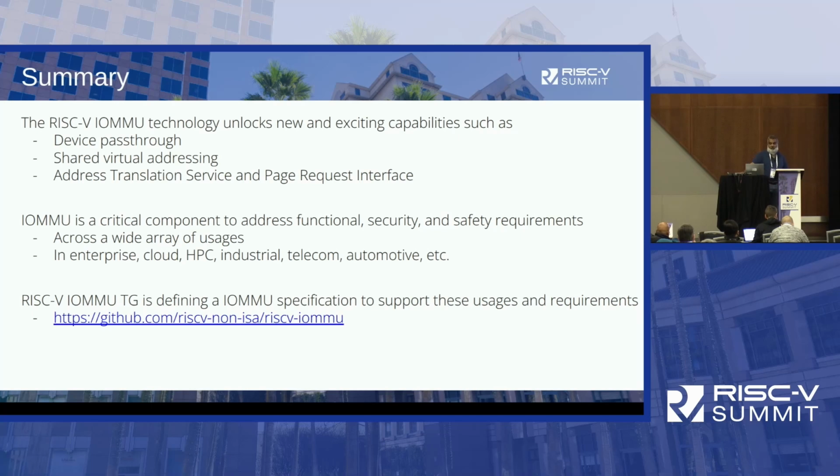And the IOMMU is a critical component to address the functional security and safety requirements across a wide array of usages across segments. So the IOMMU TG is working on defining an IOMMU specification for RISC-V to support these requirements and more. There's a link to their GitHub. Please check them out. Thank you.